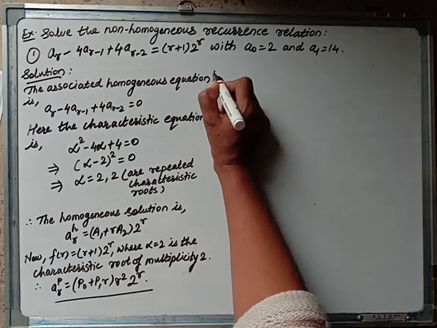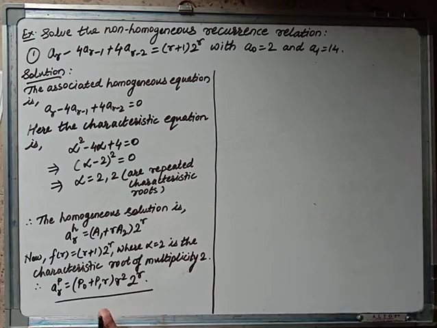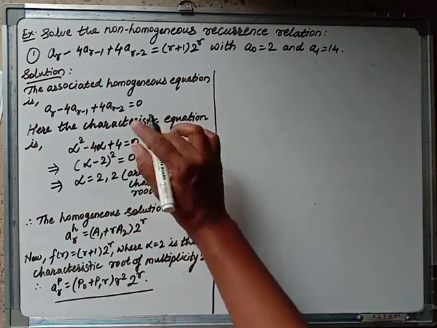Now, to find the values of P0 and P1, we need to substitute this particular solution in the given recurrence relation.